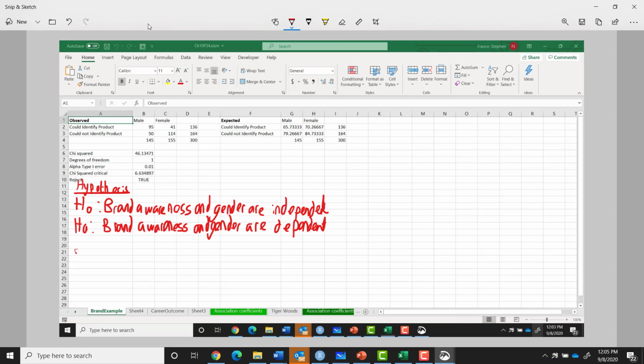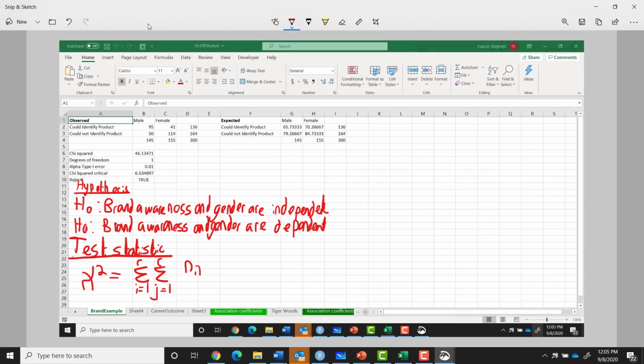My test statistic is basically chi-squared, and for each of our cells, we'll say we have little r rows and little c columns. This just means we're cycling over both the rows and the columns.